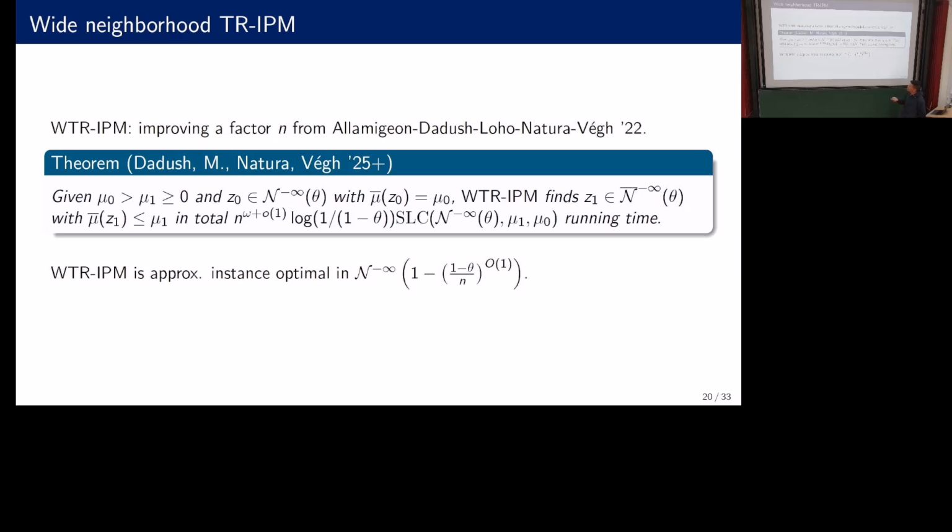The second algorithm that we gave is a wide neighborhood trust region interior point method, which improved by a factor of n on the previous paper by Allamigeon, Dadush, Loho, Natura, and Végh.